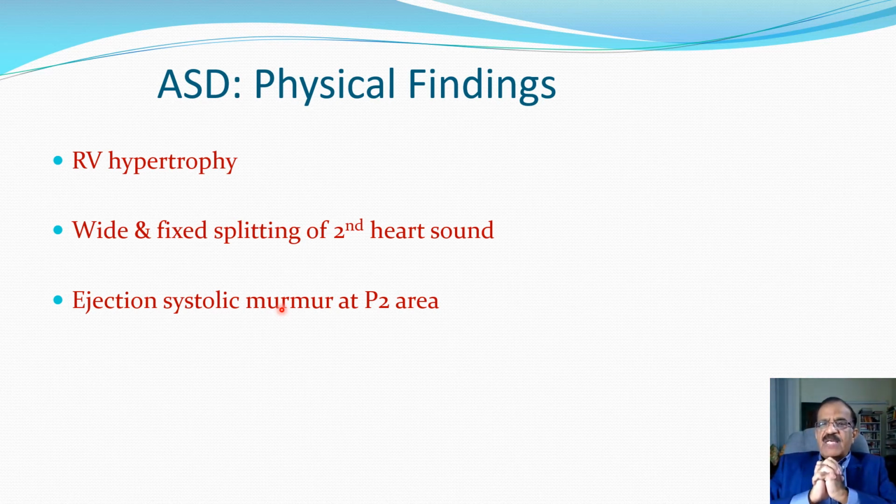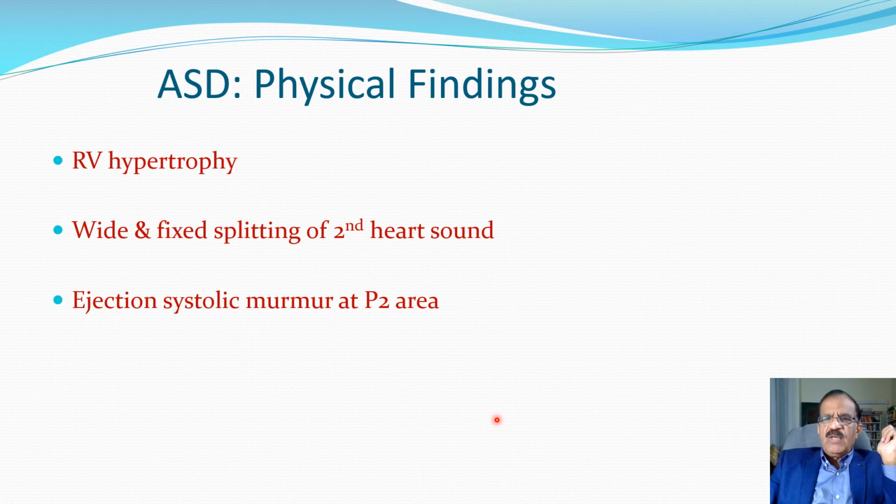But the right ventricle is creating more stroke volume, and because of that there would be a functional murmur arising from the pulmonary valve. So there would be a pulmonary systolic ejection murmur best heard in the pulmonary area. So these three clinical features characterize atrial septal defect.